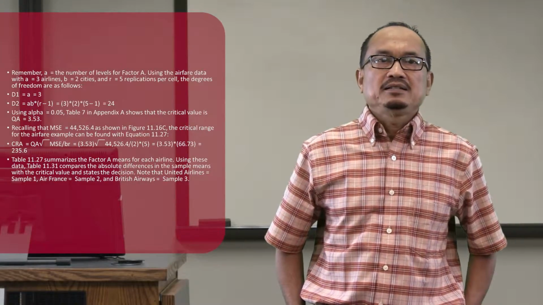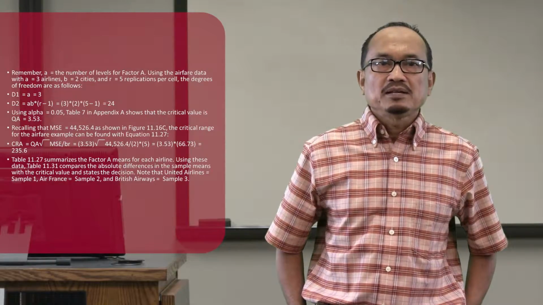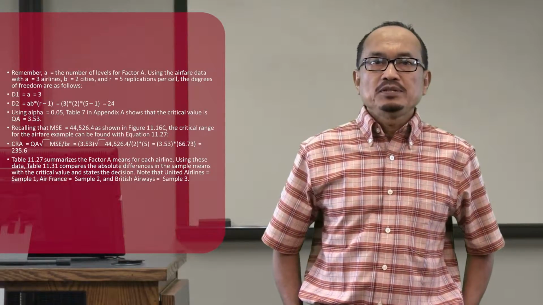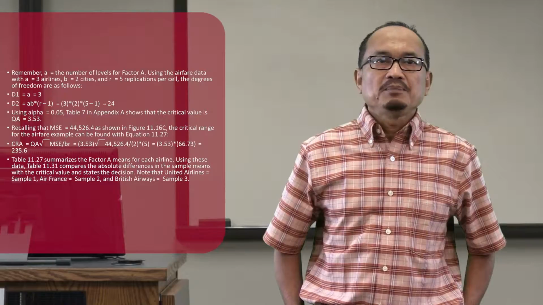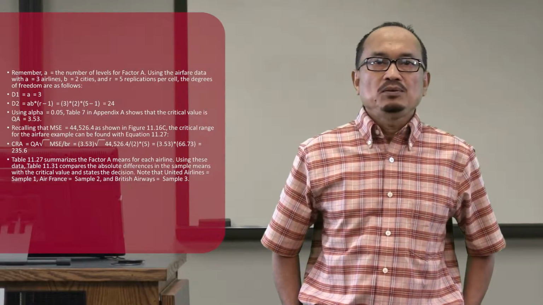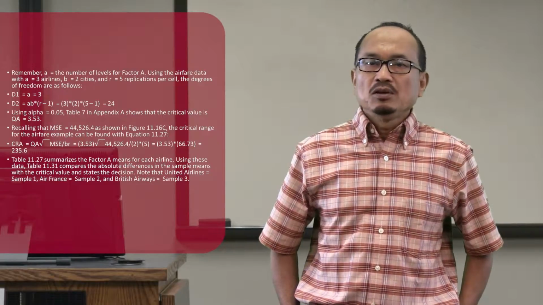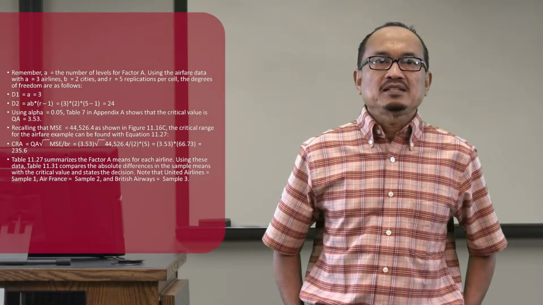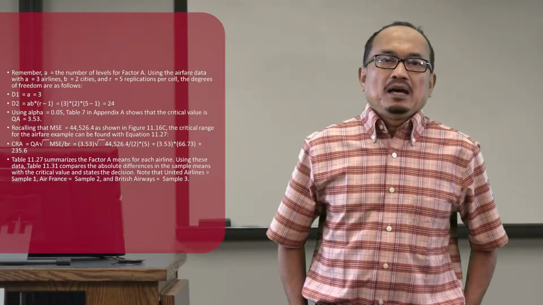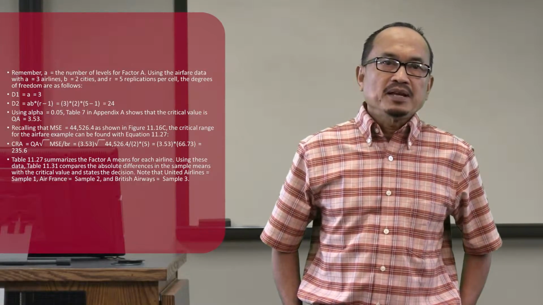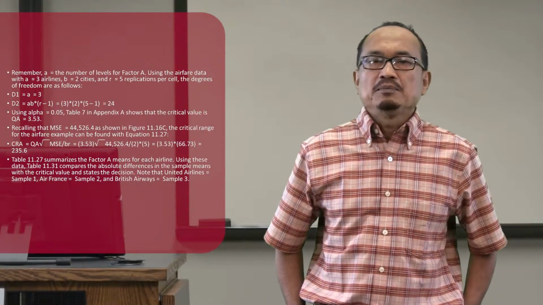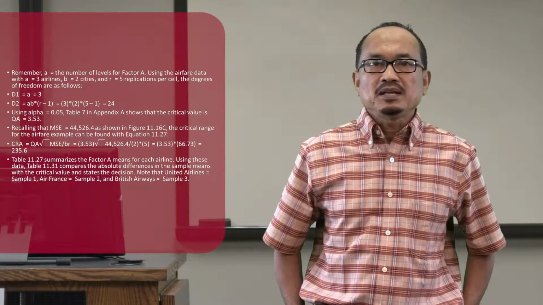Using this data, Table 11.31 compares the absolute differences in the sample means with the critical value and states the decision. Note that United Airlines is sample 1, Air France is sample 2, and British Airways is sample 3.